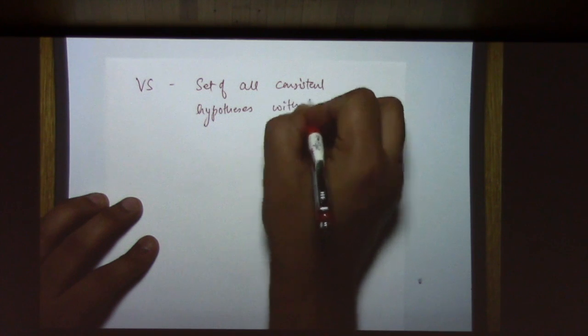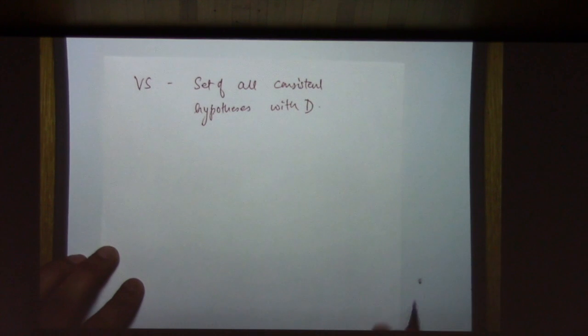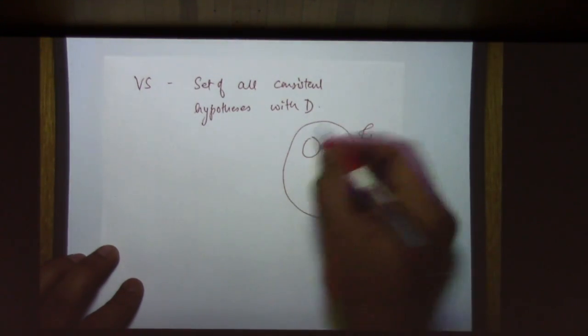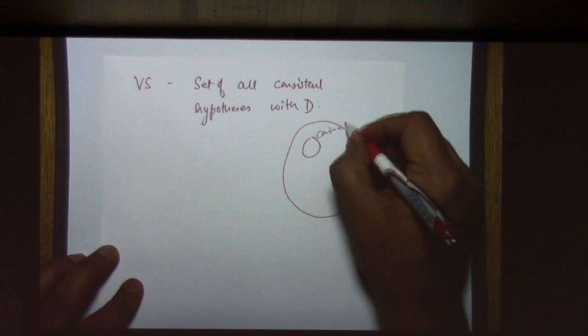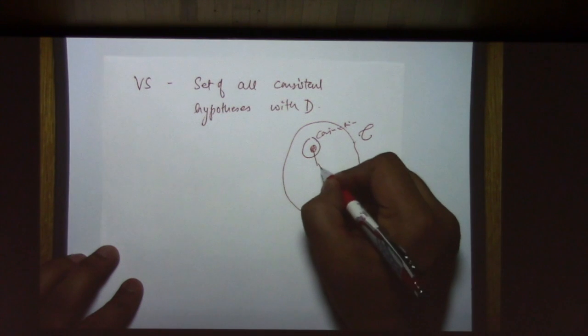The consistency is measured with respect to your training data. Let's say this is your fancy C, this is your conjunctive space, then the version space is somewhere here. This is your VS, right?